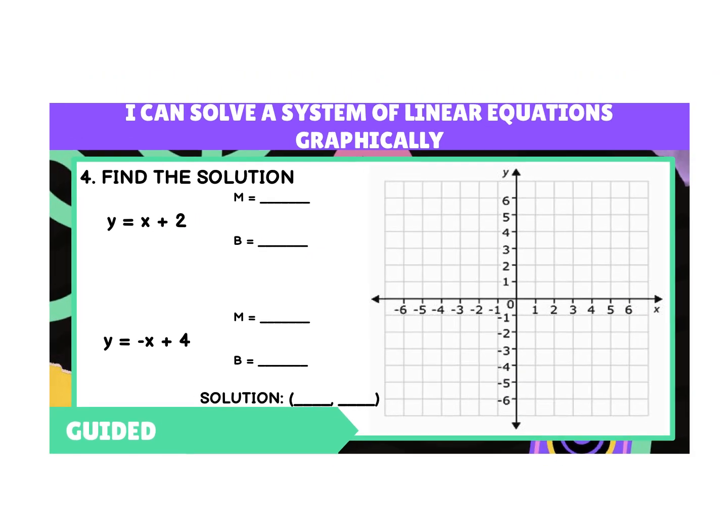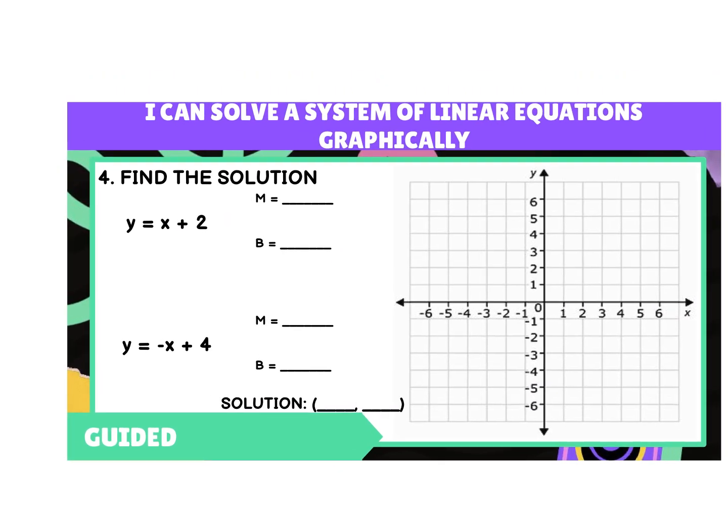And then our last one, you can pause again if you want to try it on your own first. Our slope, invisible 1/1. So up 1/1. And our b is our +2.